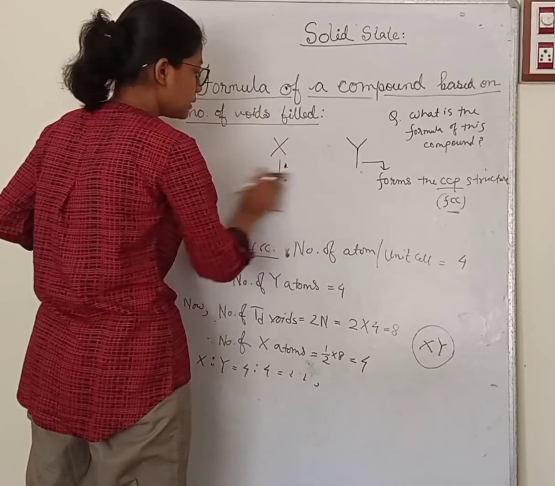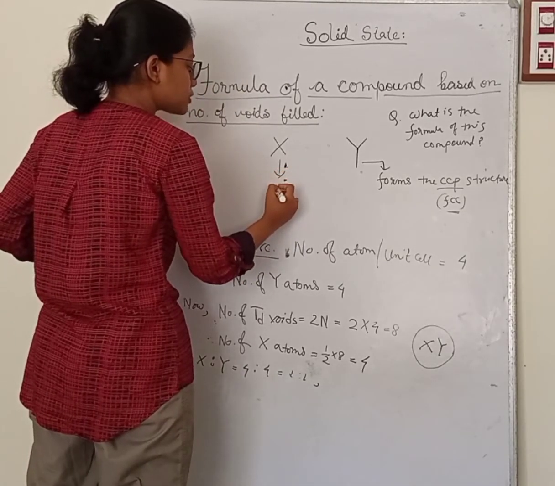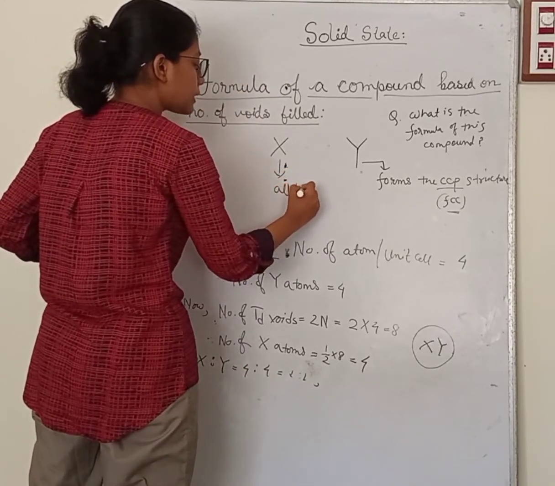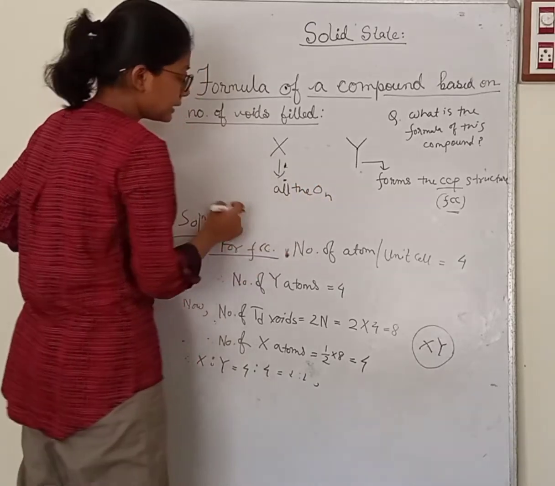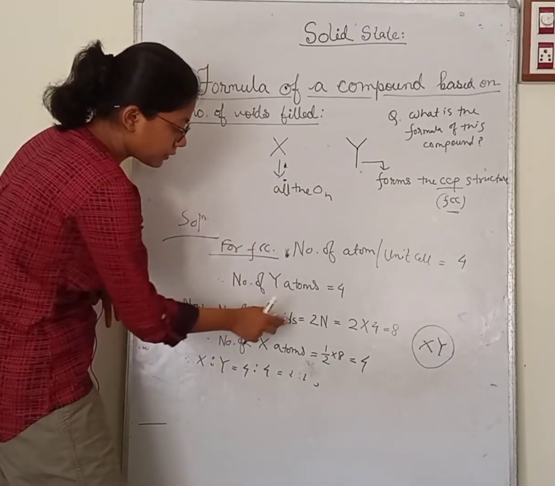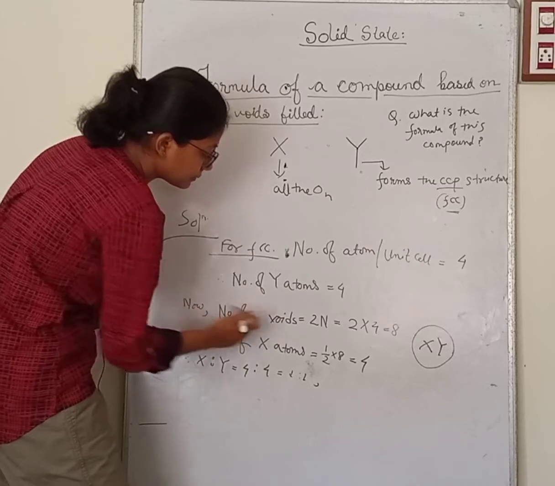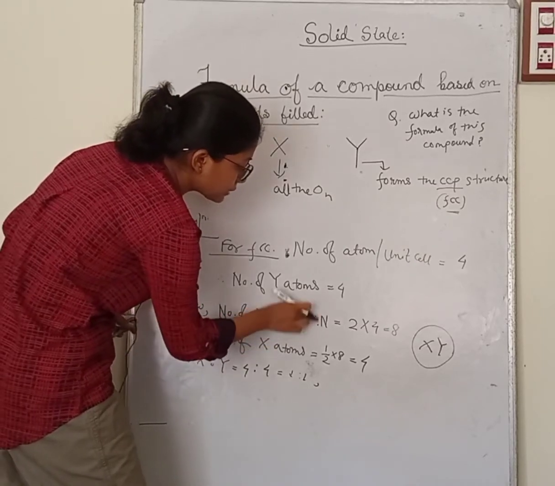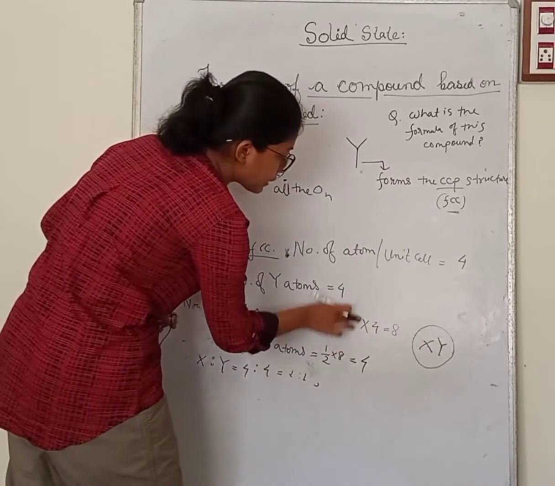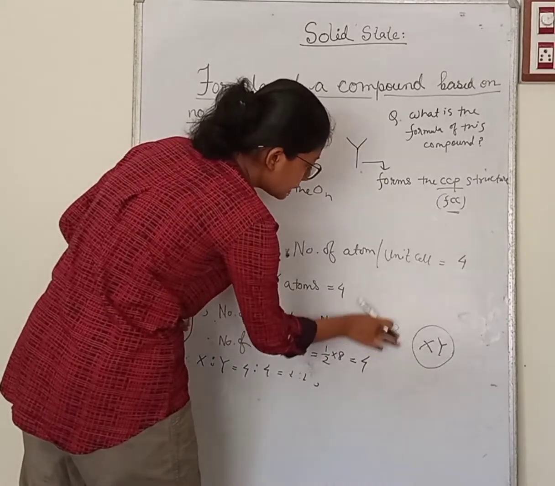Or questions may come where X occupies all the octahedral voids. Then the number of octahedral voids is equal to n, which is 4.